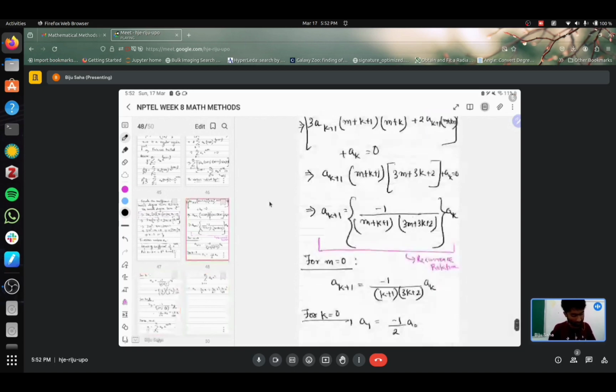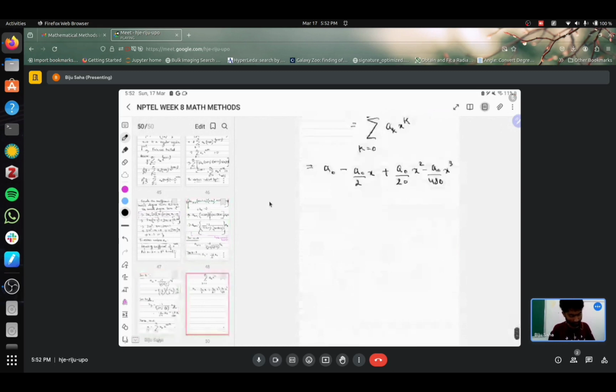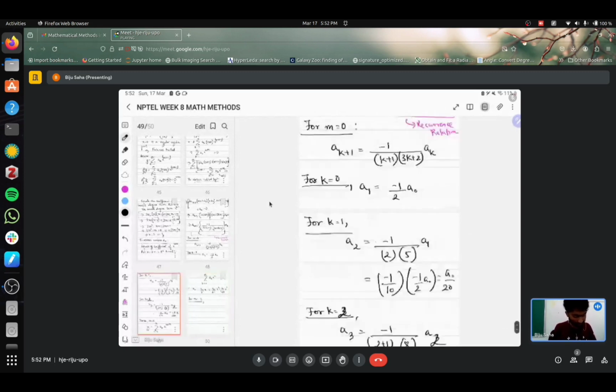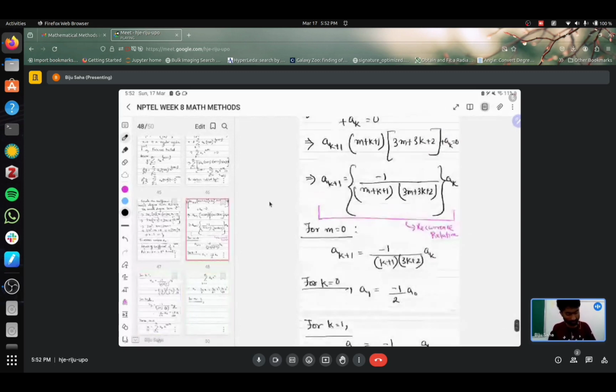So now let's start with m equal to 1 by 3. For m equal to 1 by 3, this particular equation takes this form.